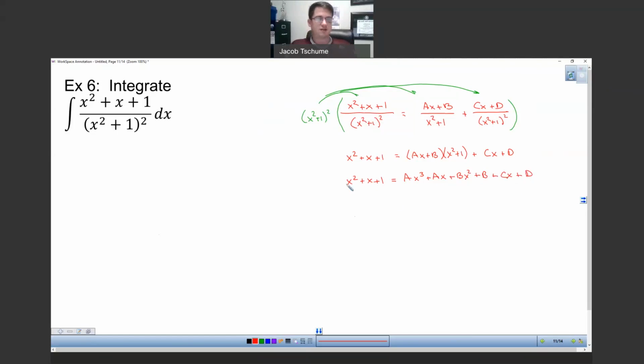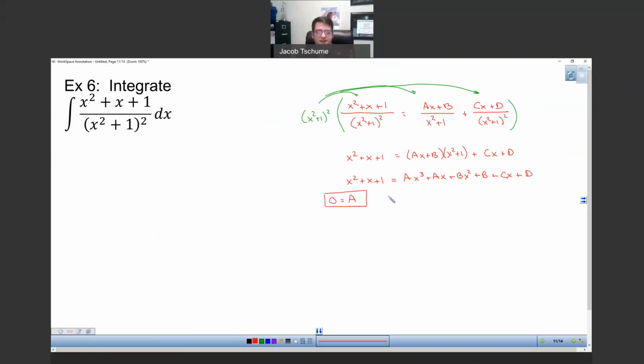Now, even though there is not a cubed term on the left, you're going to have to start with that because there is a cubed term on the right when we expanded this. So note cubed on the left means it's a 0. And since the only cubed term on the right is a, I know right away that a has to be 0.